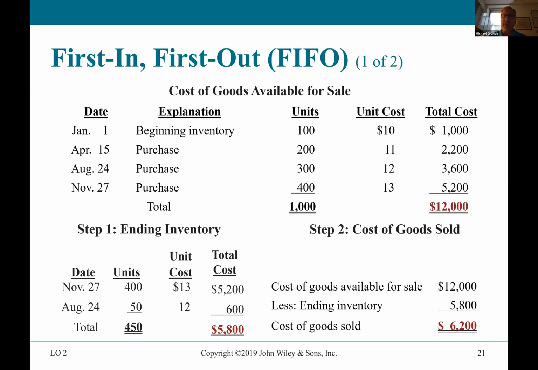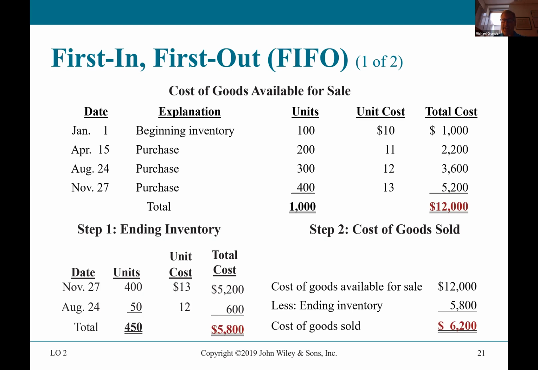So let's look at this example. Remember, the number of units available were 1,000, beginning inventory plus what was purchased. And they told us that the ending inventory was 450 units.